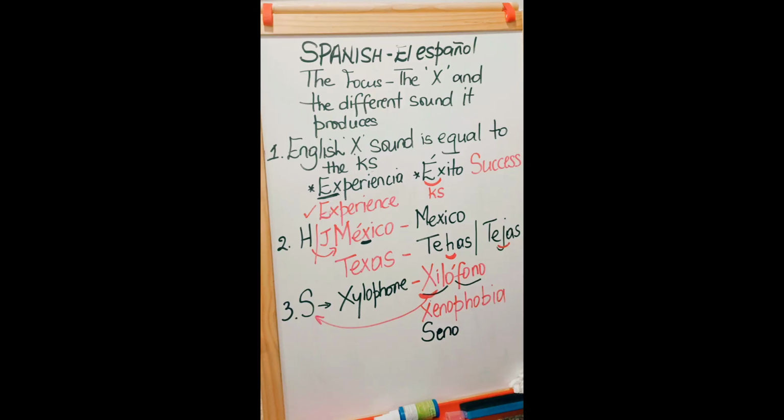And let me write it with the blue marker. It might be easier this way for you to see it. Xeno with an F, fobia. You're not going to see PH in Spanish. So it's XENOFOBIA. Xenofobia. Of course, with an S. Let me just write it.